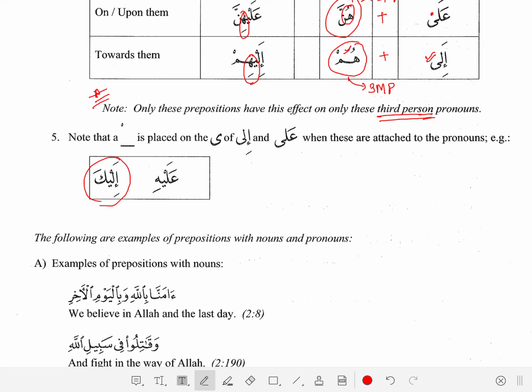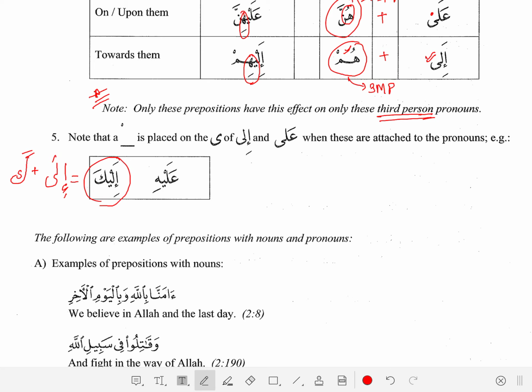The fatha on ka is still the same, right? So again, ila plus ka, it continued to be ilayka. It did not become ilayki.